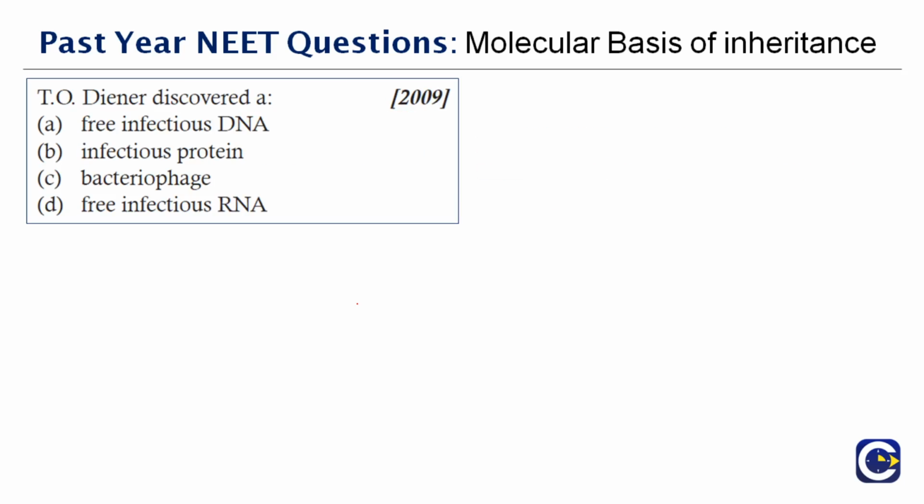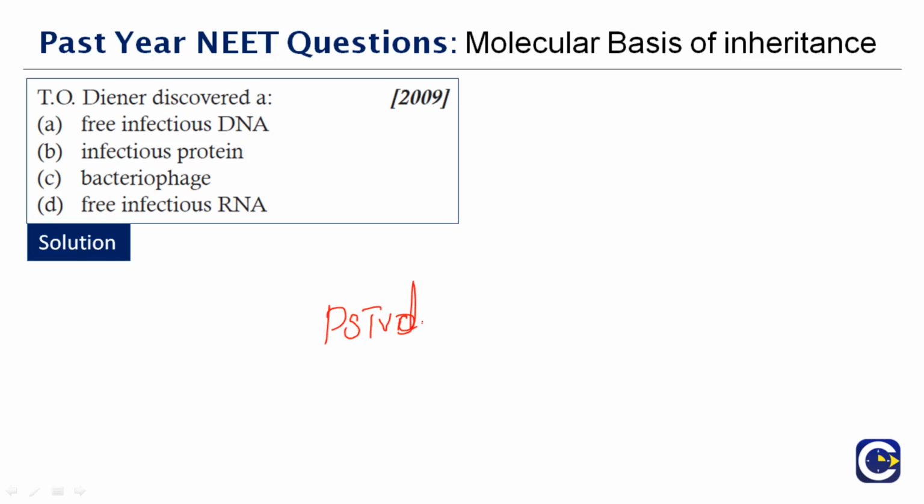Next question here. T.O. Diener discovered a Dash. The full form of T is Theodore, and Theodore O. Diener discovered the potato spindle tuber viroid, abbreviated as PSTVd.